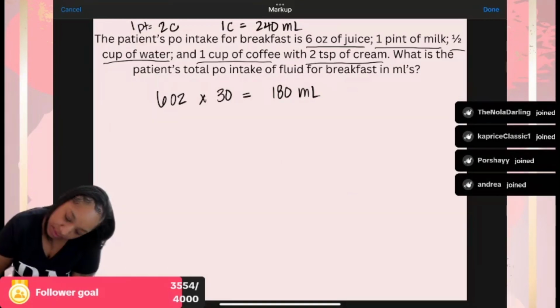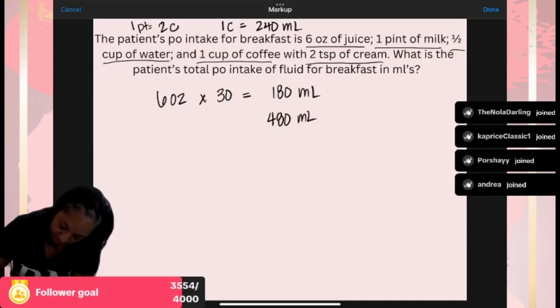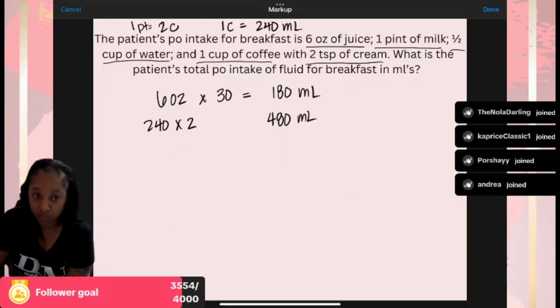So if you have 1 pint, that's 2 cups of milk. 2 cups of milk is going to be 480, because 1 cup is 240, so that's 240 times 2. Okay?